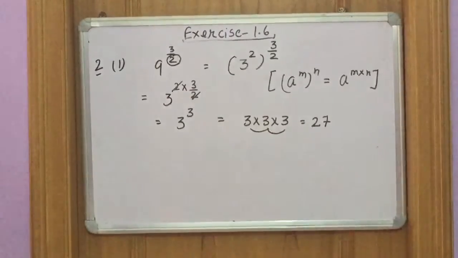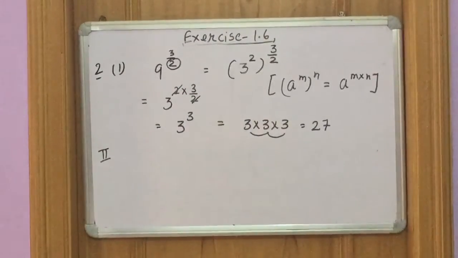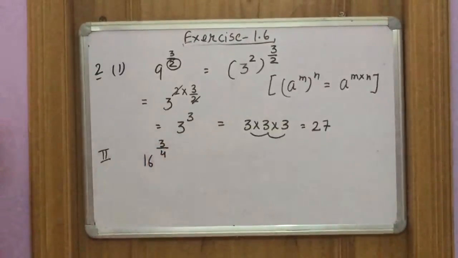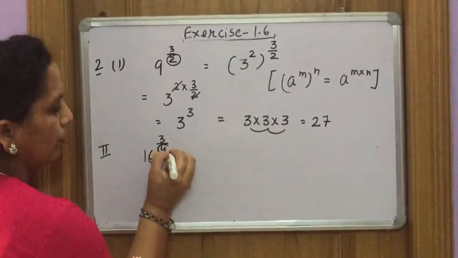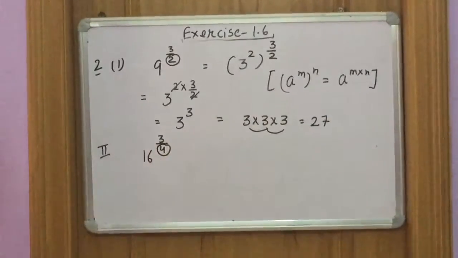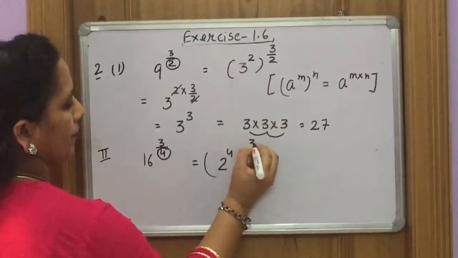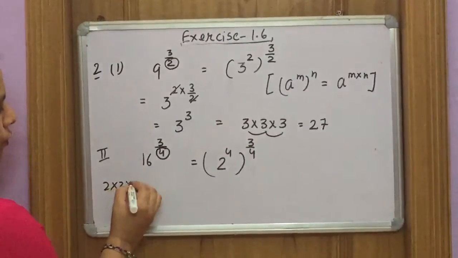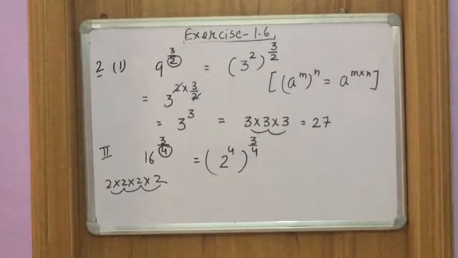Next is part number second. Statement is 16 raised to power 3 by 4. Again try to remove the power which is in the denominator. Here we have 4, so we can write 16 as 2 raised to power 4, because when we multiply 2 4 times, 2 2s are 4, 4 2s are 8 and 8 2s are 16.